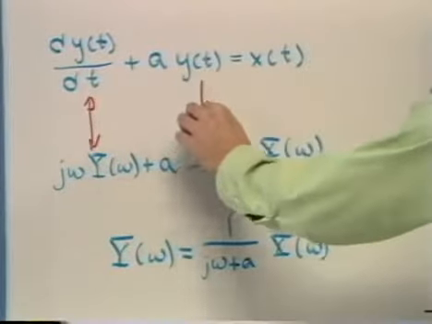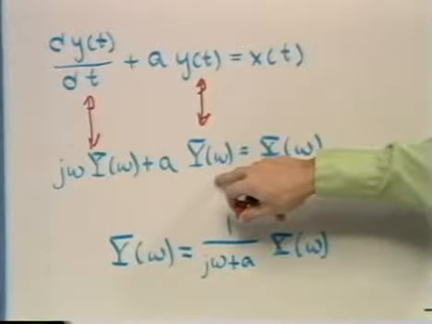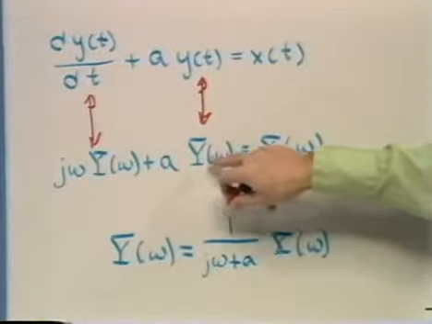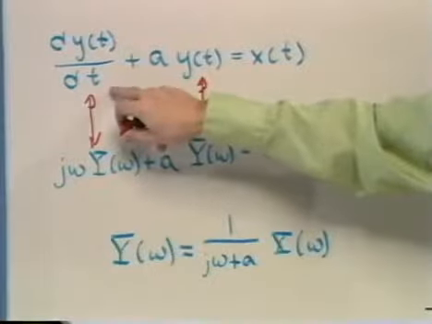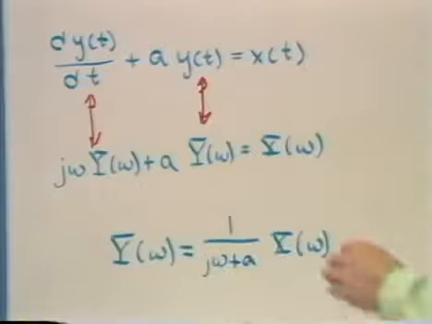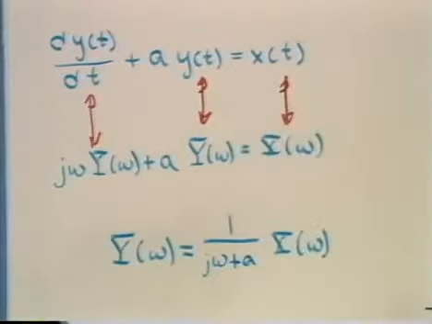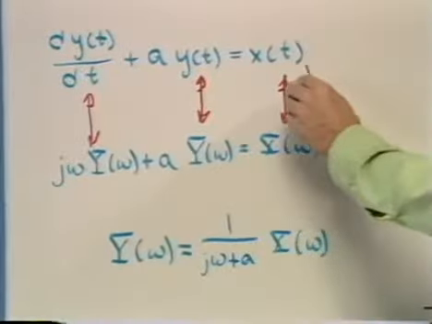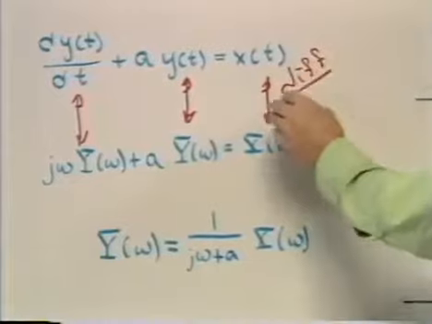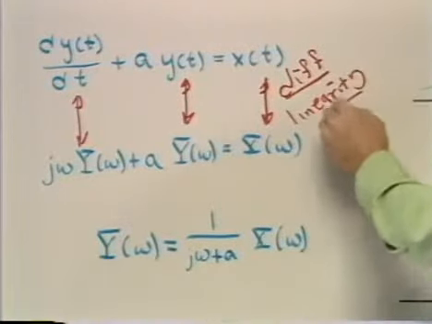And linearity will let us write the Fourier transform of this as a times Y of omega. And since we have the linearity property, these are added together. And X of omega is the Fourier transform of x of t. So what we've used is the differentiation property, and we've used the linearity property.